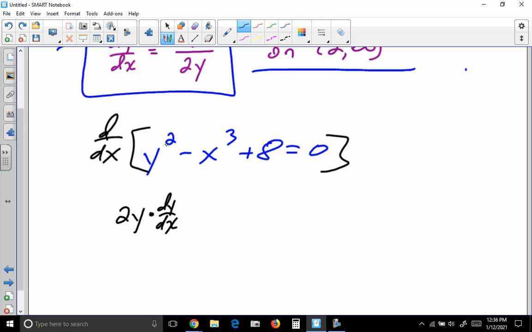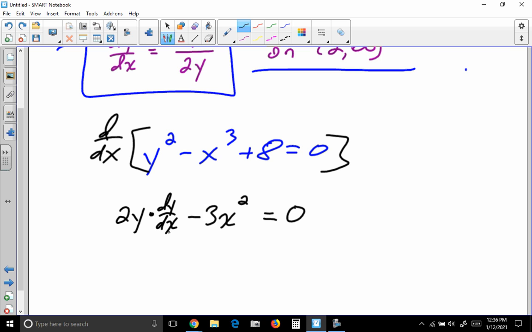Remember our chain rule. It's the derivative of this times the derivative of the inside. The derivative of y with respect to x is dy dx. The derivative of x cubed, bring the 3 down, x to the 1 less power. The derivative of a constant is 0. On the right side, the derivative of a constant is 0.